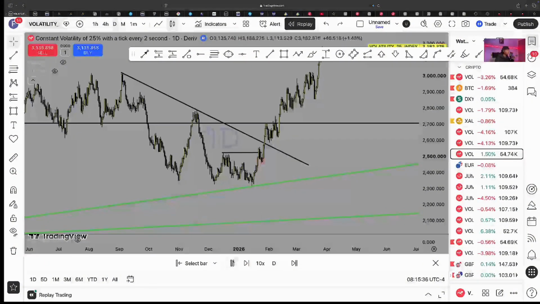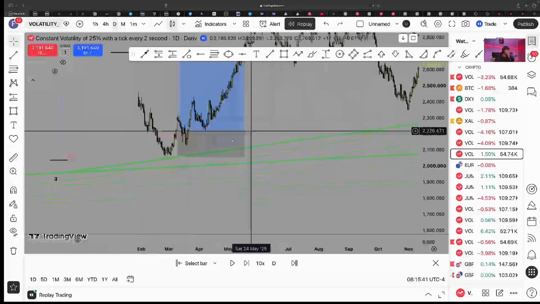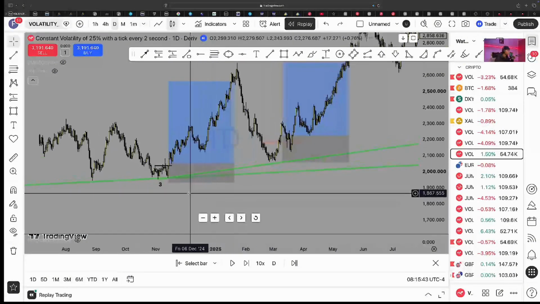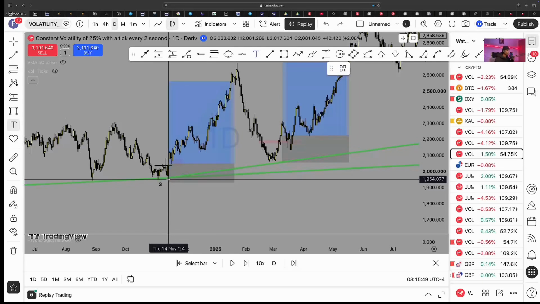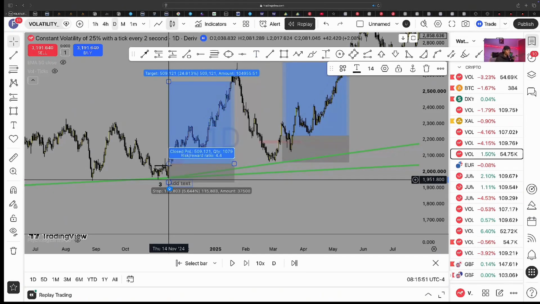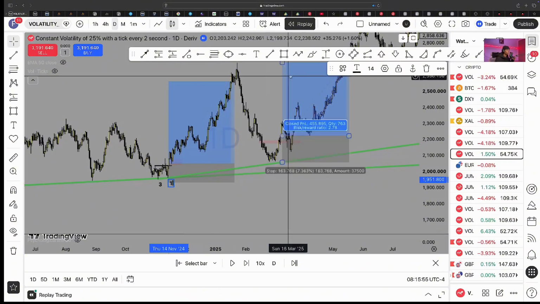Yep. So as you guys can see, just using the same trend line, the first touch. Let me just label this real quick. I'm going to use this as the first touch.